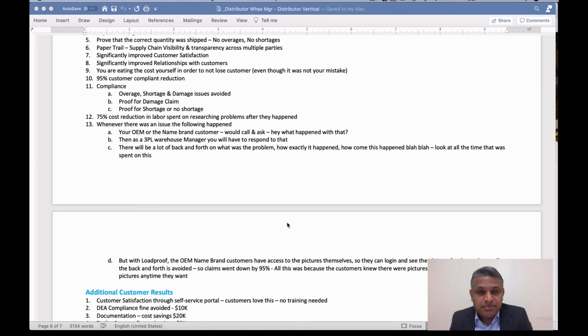The customer might come back and ask, hey, what happened? I mean, that's even more critical in a 3PL scenario. But in your scenario, you still have to answer those customers, and there could be multiple calls or multiple emails that you have to send and provide detailed explanation in the emails and so forth. Here you don't have to do that. You just have to share the pictures, right?